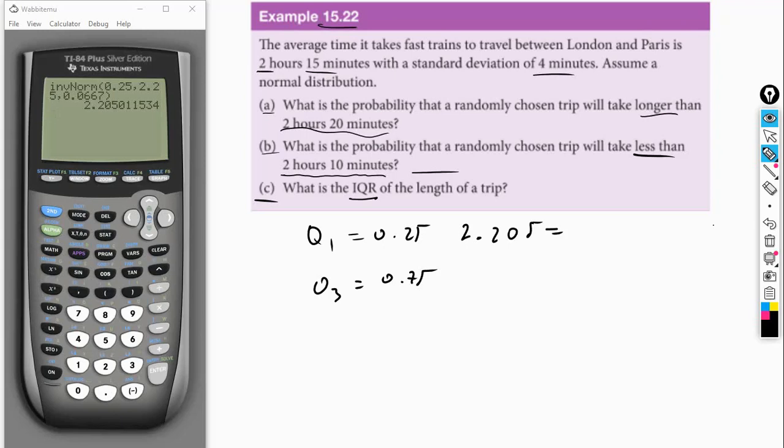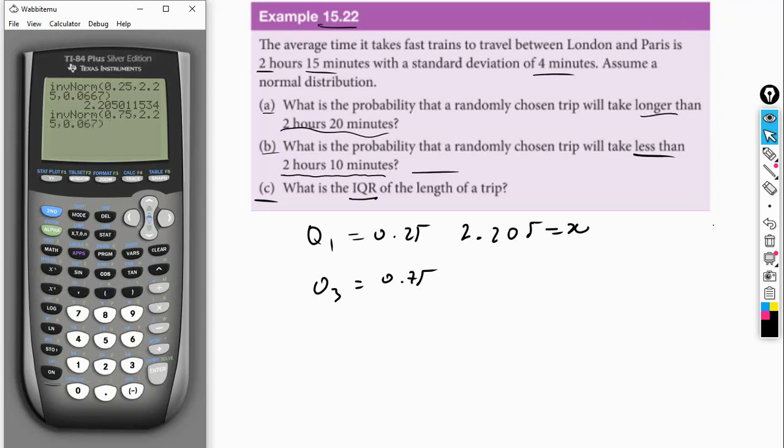So this is the x value. Let's find the x value that corresponds to the third quartile. So then again, we go second, vars, or distributions, inverse normal, and then again, the percentage or the area, which is going to be 0.75, comma, and the other information, the mean, which is 2.25, the standard deviation, which is 0.067.